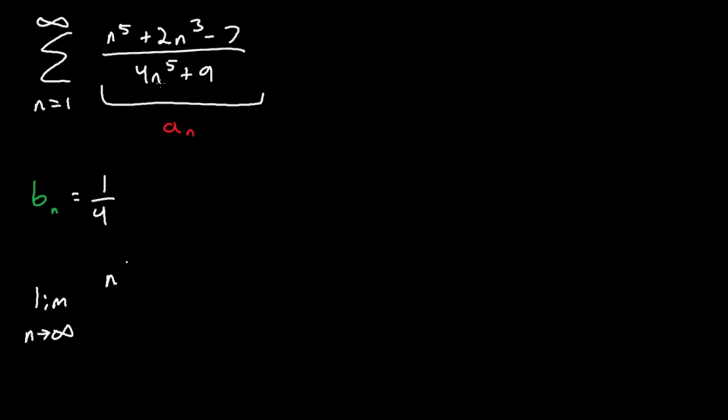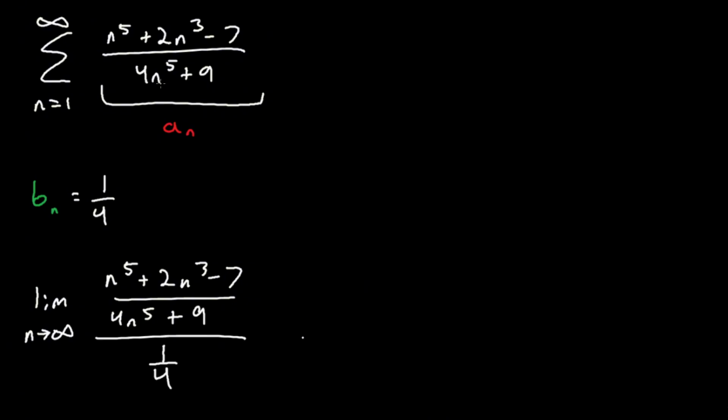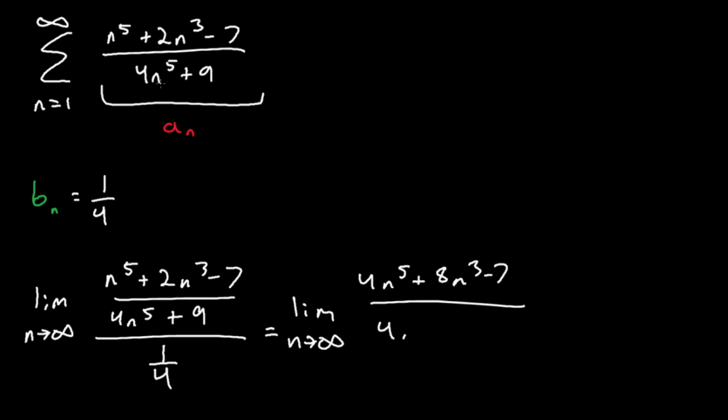So n to the power 5 plus 2n to the power 3 minus 7 over 4n to the power 5 plus 9, over 1 over 4. If you multiply 4 into the numerator, you get 4n to the power 5 plus 8n to the power 3 minus 7 over 4n to the power 5 plus 9.